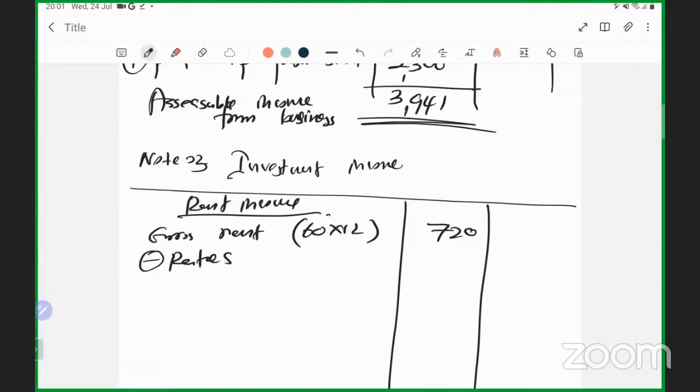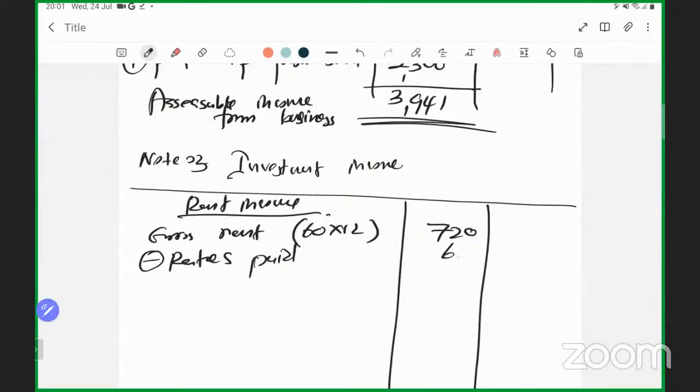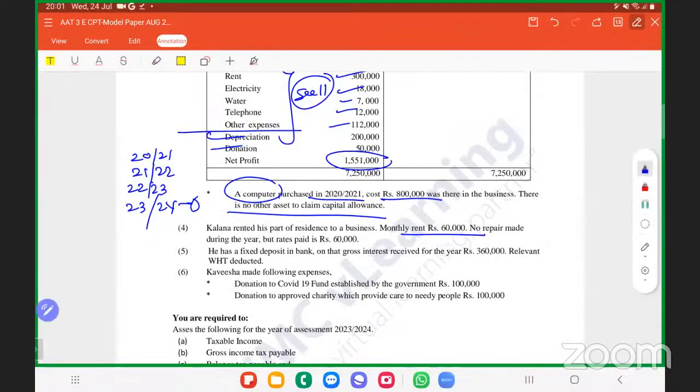If the rates are paid by the owner, you can deduct that as an expense. In this case, the rates paid is 60. Nothing is given about who paid that, so don't worry; at that time simply assume it was paid as an owner. In addition, they have given the repair expense for the period as 0.